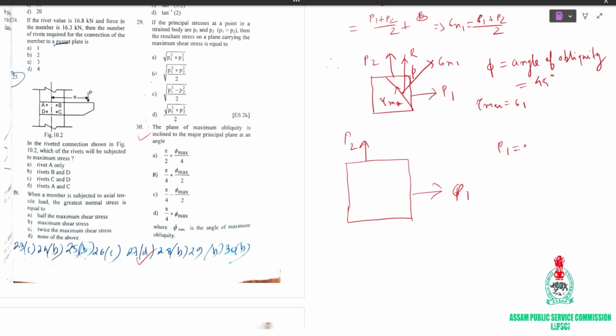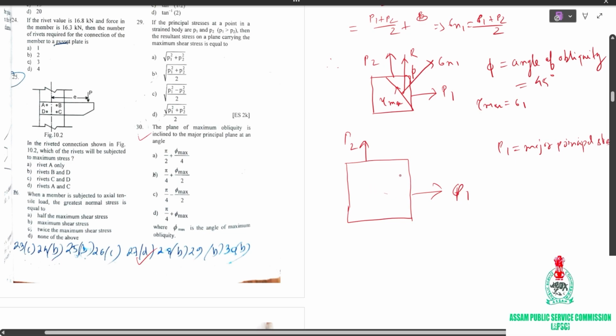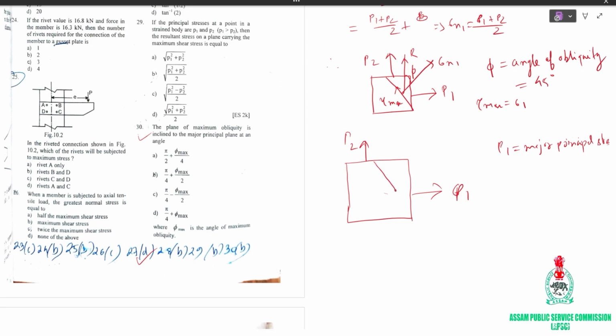This P1 is the major principal. Now what are they asking? Suppose I take a plane here, this is theta 1. Here will be one normal stress, one resultant R1, and here one tau 1.